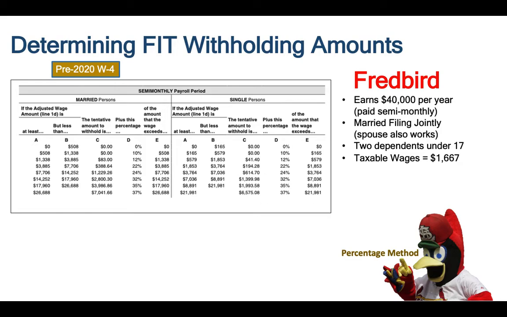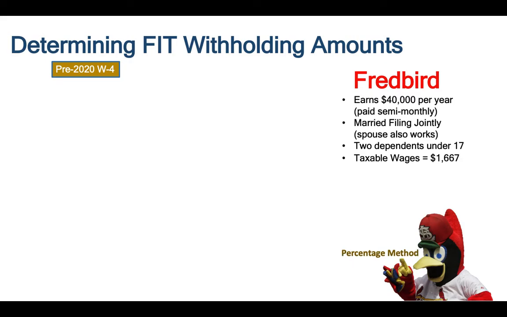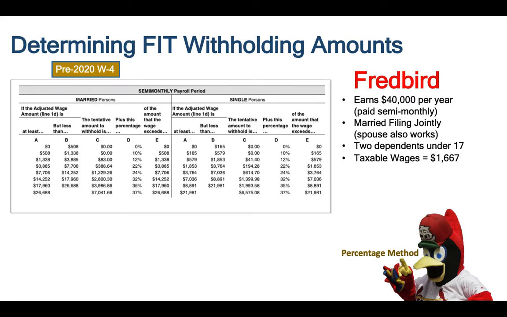So we have the semi-monthly payroll period, and we are looking for married persons, and it says if the adjusted wage amount, line 1D, is at least column A, but less than column B, that's the row we need to be in. And so our number, right, was 951. So 951 falls between 508 and 1338.